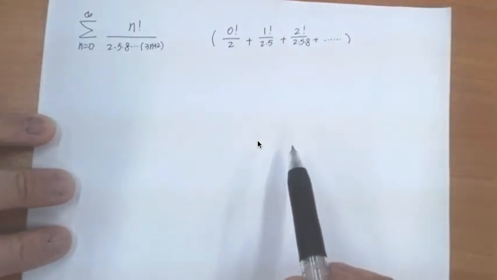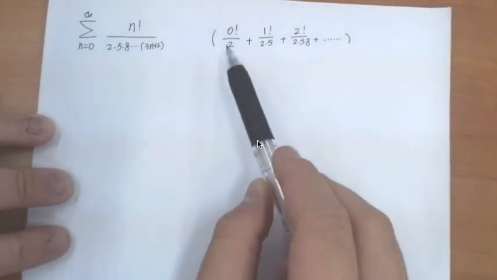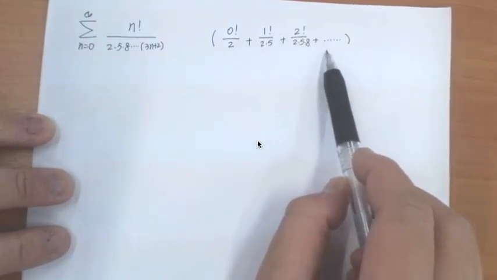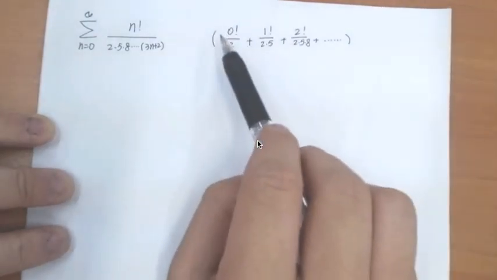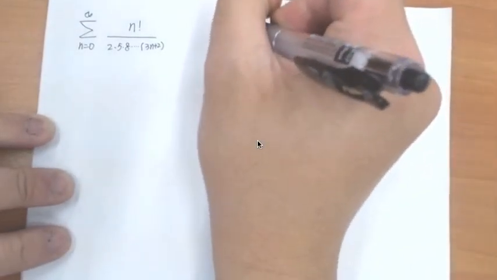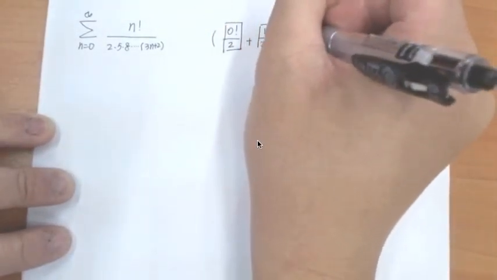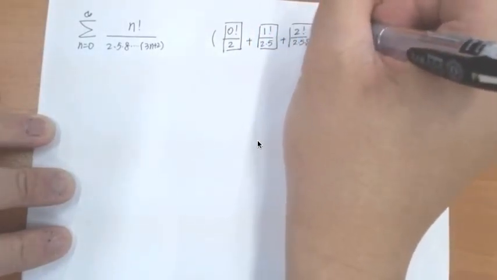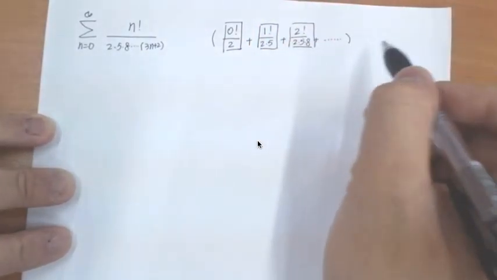As we see, it is very obvious that the denominator is increasing faster and faster than the numerator. So each term is generally approaching 0. It becomes smaller and smaller and approaches 0.